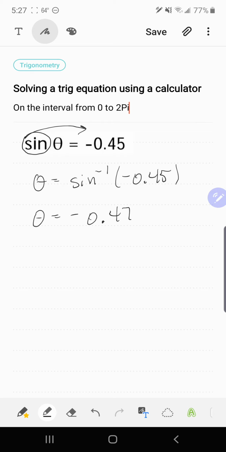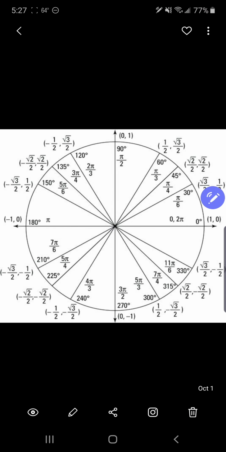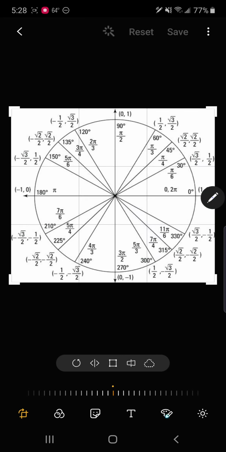And so we're going to have to find the correct angles on the interval from 0 to 2 pi. For that, we're going to go to the unit circle. And we're going to notice that, first of all, the angle is negative, which means it's going clockwise.